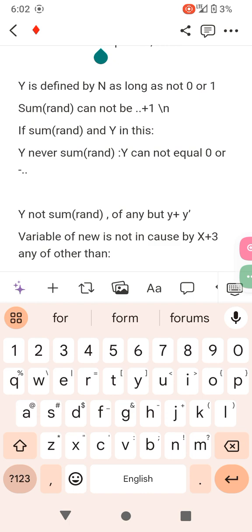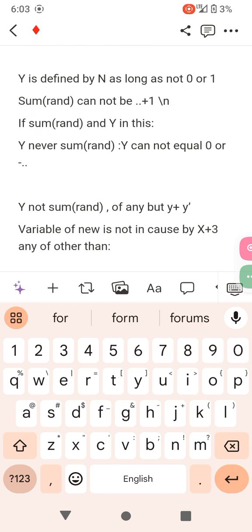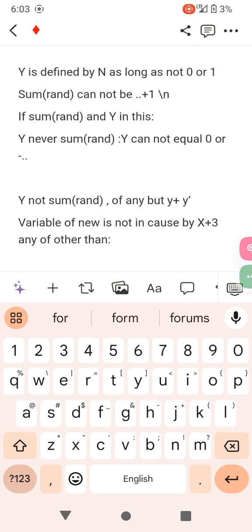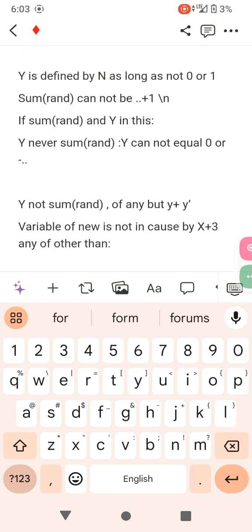If some random and y in this is of circulating vision to when it is of no belief or any constructed or occurrence by derived, then y never some random is y cannot equal 0 or minus something. This makes sense if you understand that y is defined by n as long as not 0.